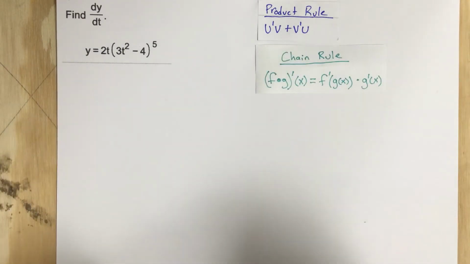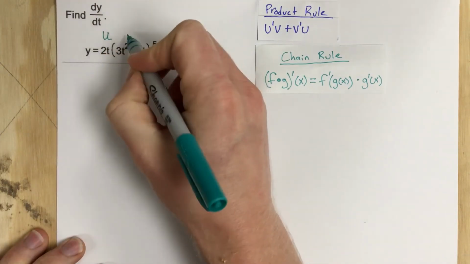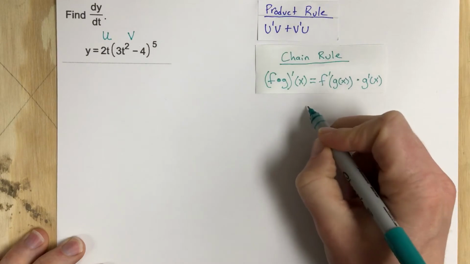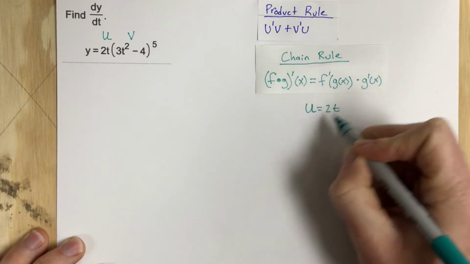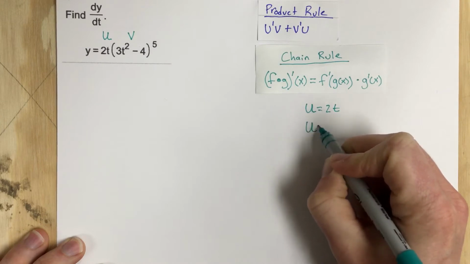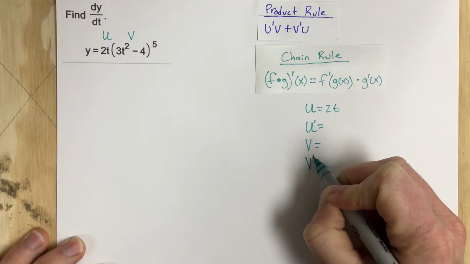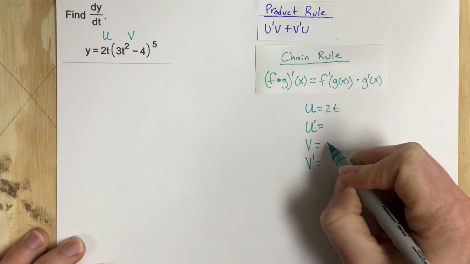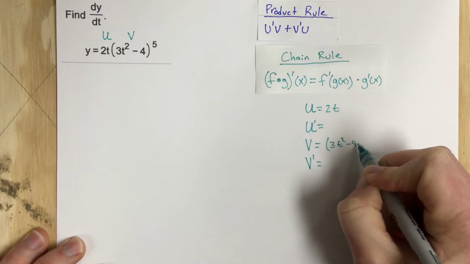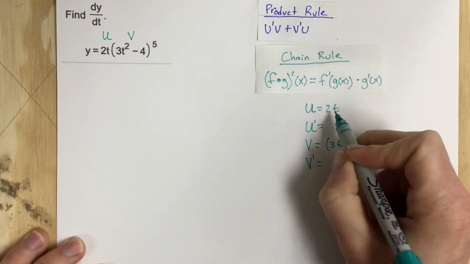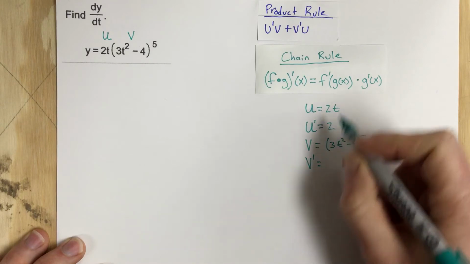So let's start by writing out what our u and our v are. So this is u, this is v. So we're going to say u equals 2t, u prime, v prime. V is (3t squared minus 4) to the 5th power. We do the derivative of 2t, that's just 2, and the derivative of this is going to have to use the chain rule.